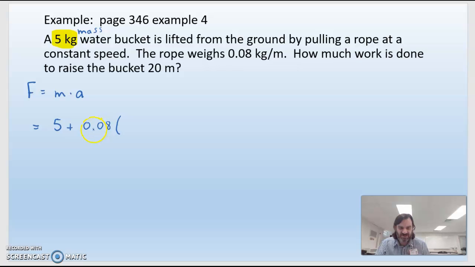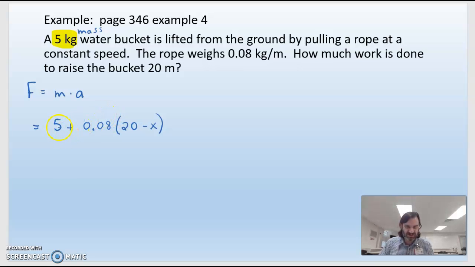So we know it's 0.08 kilograms per meter, and we start off with 20 meters, but we're subtracting off 1 meter for every unit. So as we increase x here, we'll decrease the amount of rope. As we pull a certain distance, the amount of rope decreases, the 20 minus x. So when we multiply that times the mass, there will be less rope there.